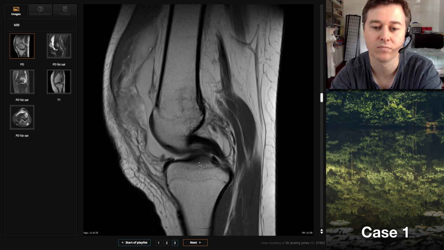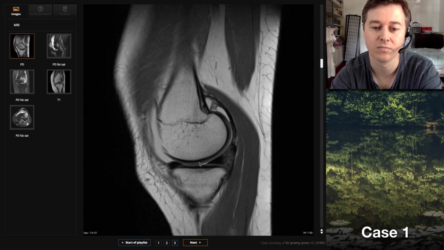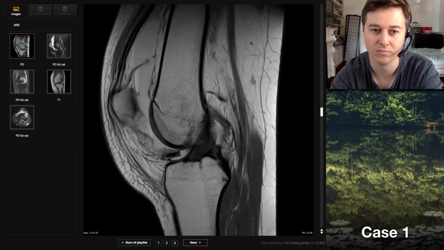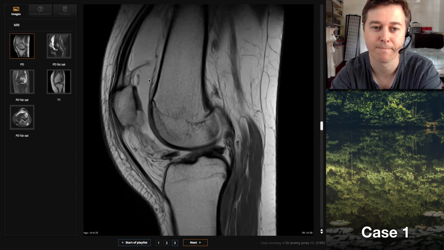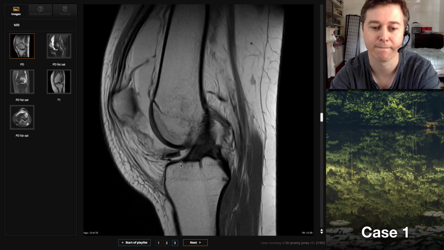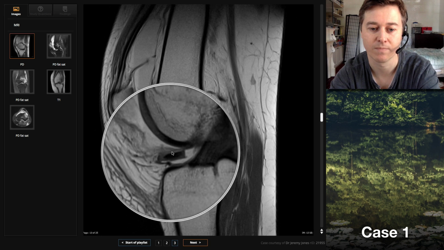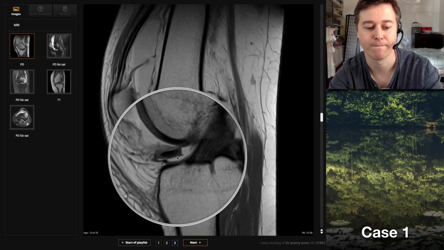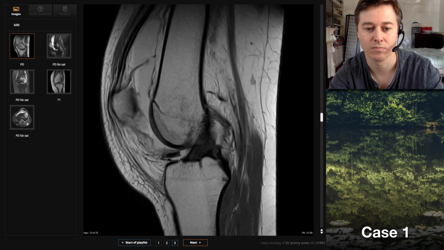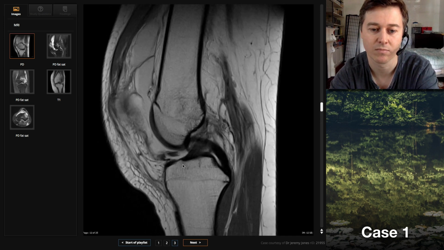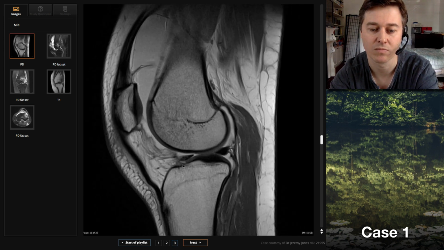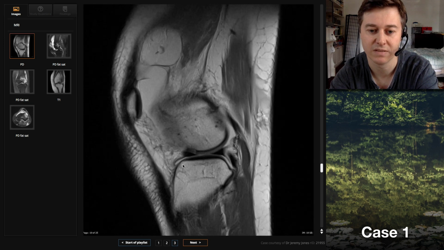So the sagittal images confirm the large hemarthrosis. Mm-hmm. And there's also an intra-articular body that we can see at the intercondylar region. This has both cartilage and cortical bone signal intensities. Yes.